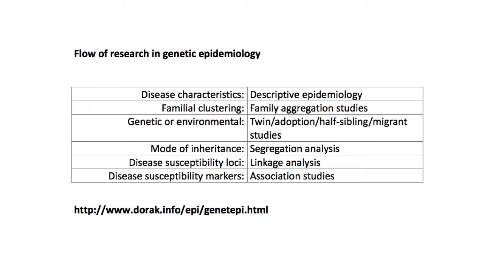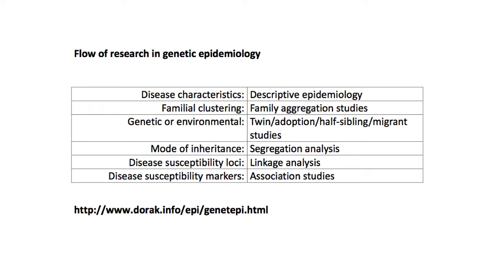We can look into disease characteristics, which means we look into descriptive epidemiology. Other than that, we can look into familial clustering, where we look into family aggregation studies, or we can also study the genetic or environmental factors of that disease using twin, adoption, half-sibling or migrant studies.